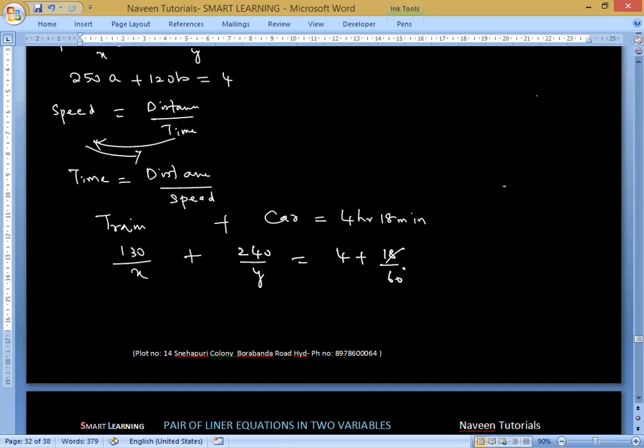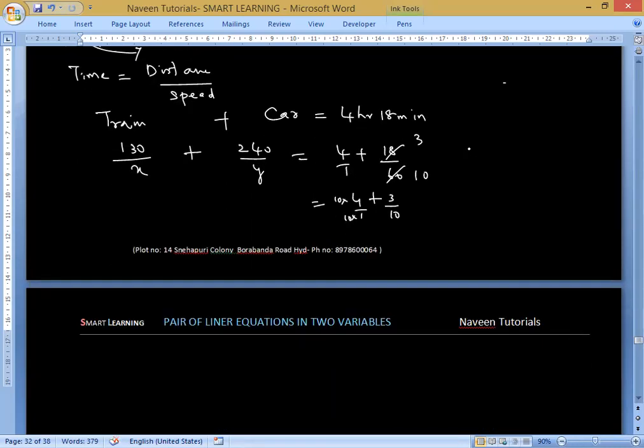Cancelling with 6, 6 threes are 18 and 6 tens are 60, so 4 plus 3 by 10. Taking the LCM, 10, we get 40 by 10 plus 3 by 10, which gives 43 by 10.